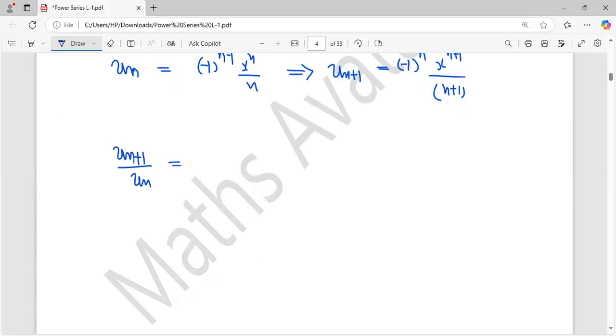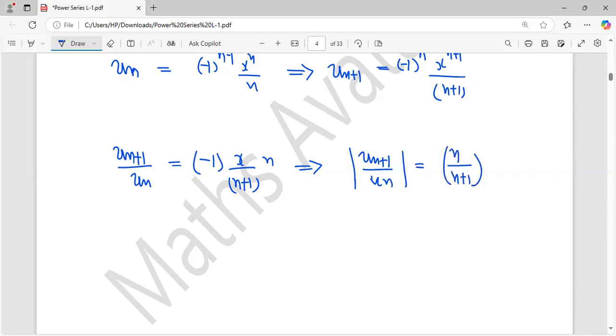After solving it, you will get minus 1 to the power n here, and x to the power n plus 1 upon n plus 1. So un plus 1 upon un is equal to, what is this? This is n upon n plus 1 times x.